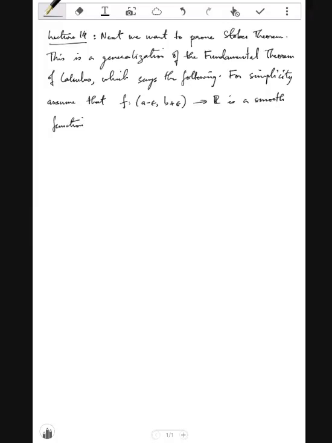So we just need once differentiable. Then the integral from a to b of f dash dt is equal to f of b minus f of a.